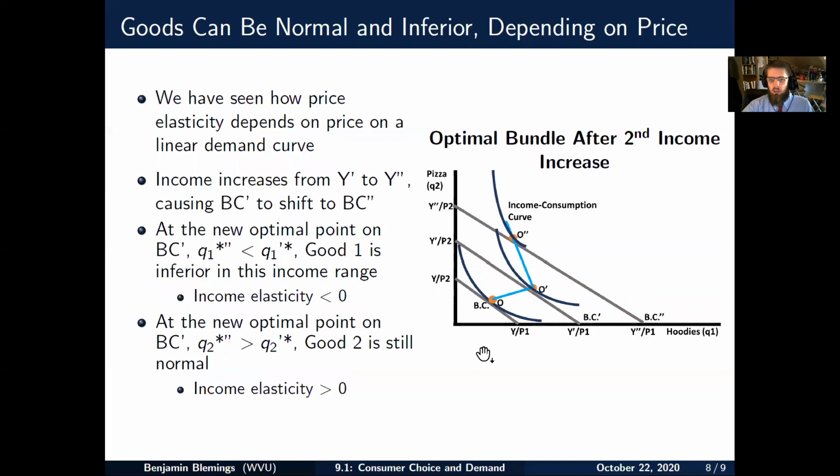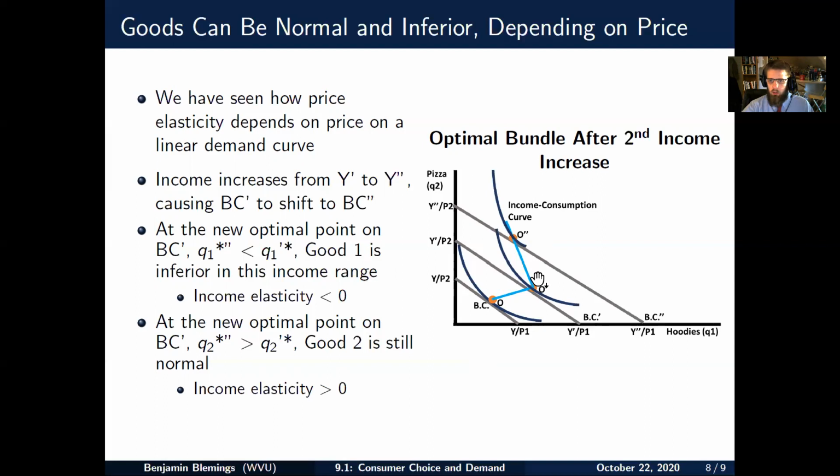But let's say that this instead happens when we shift our income out from Y prime to Y double prime. In this case, going from Y prime to Y double prime, we buy less of good 1 and more of good 2.